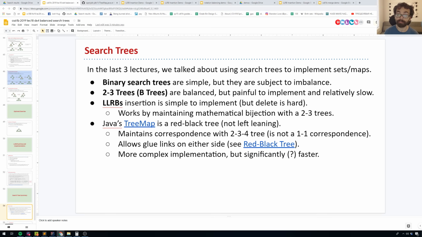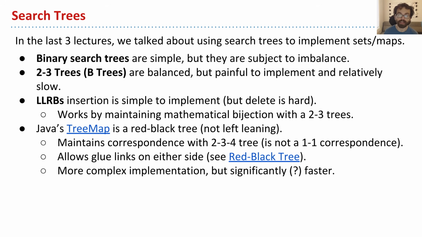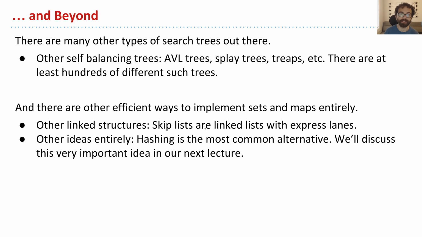Now, it's a more complex implementation, but as far as I understand, given things I have read, but I've never done a deep analysis myself, these are significantly faster than the left-leaning variety, but at the cost of some more complexity. So we're not going to go into this approach just because I don't think it's that much different. It's just more stuff to try and cram into your brain.